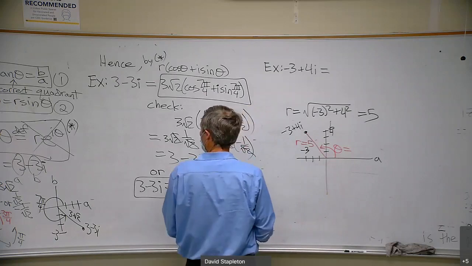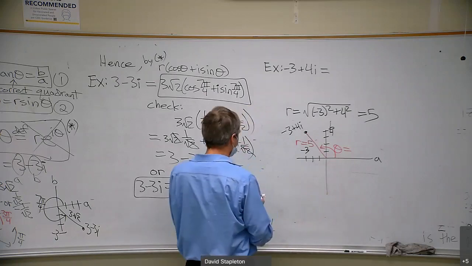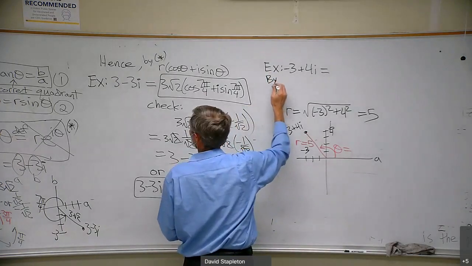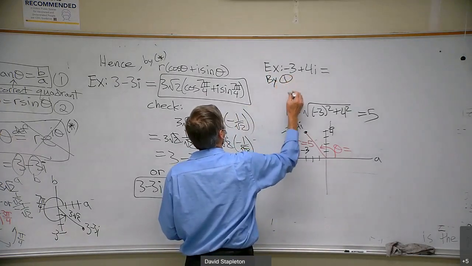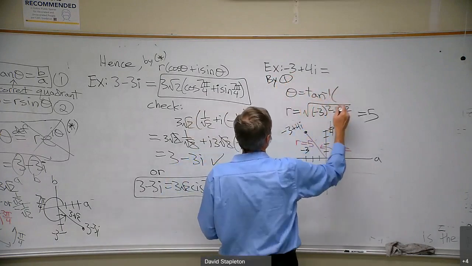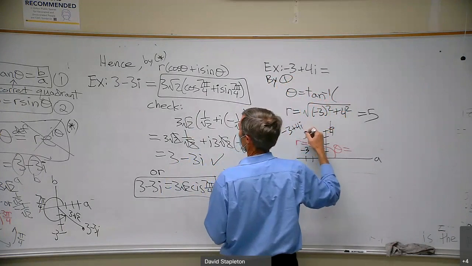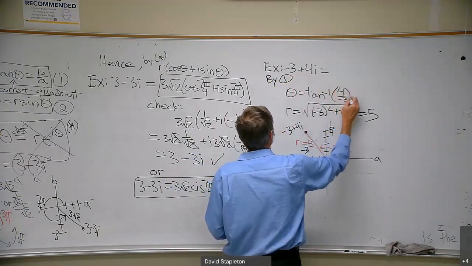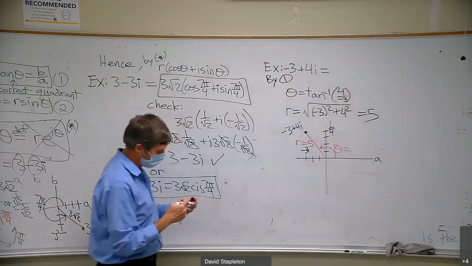From the conversion equations, theta is the arctangent of b over a, which is 4 over minus 3.